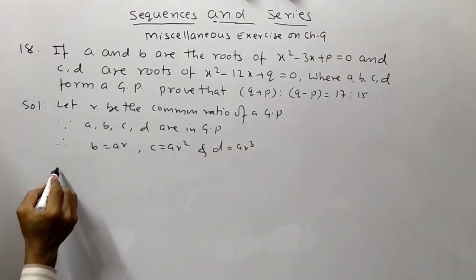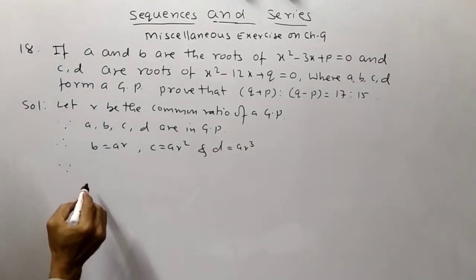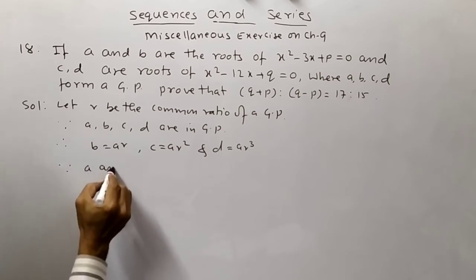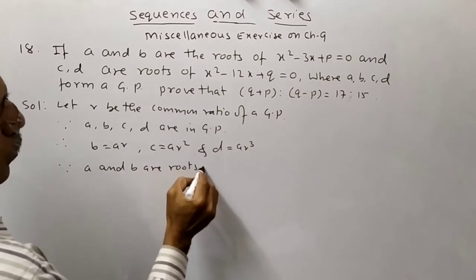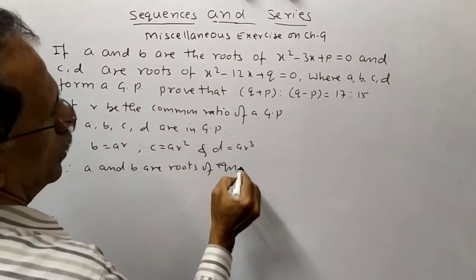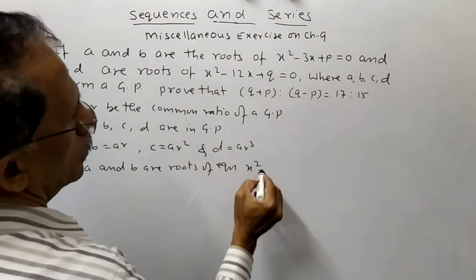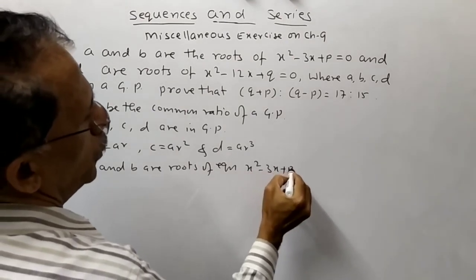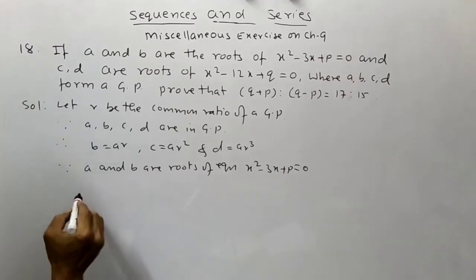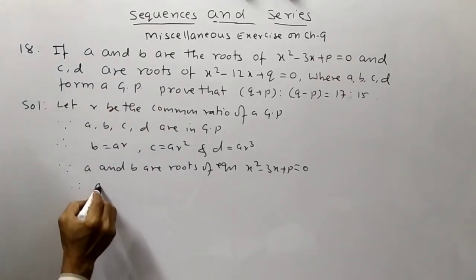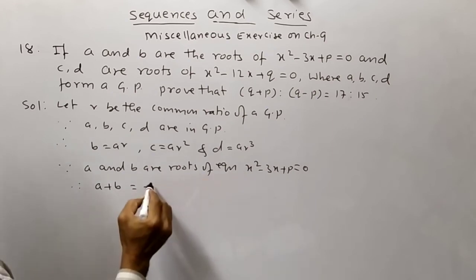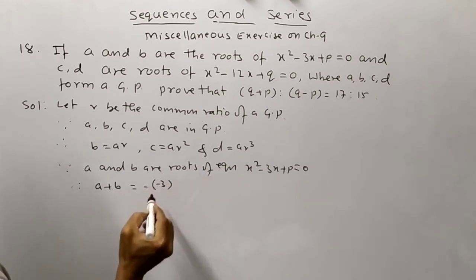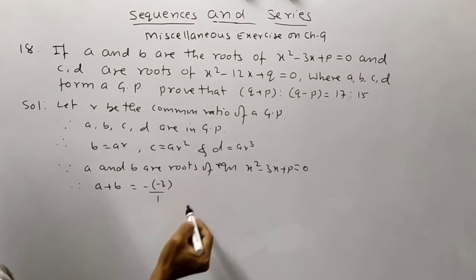Since A and B are roots of equation x square minus 3x plus p is equal to 0, therefore sum of roots, that is A plus B, is equal to minus of minus 3 divided by 1.